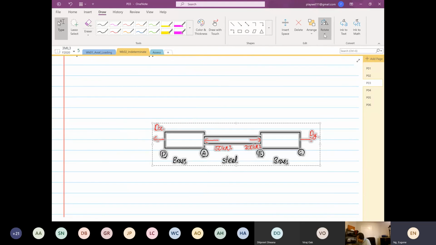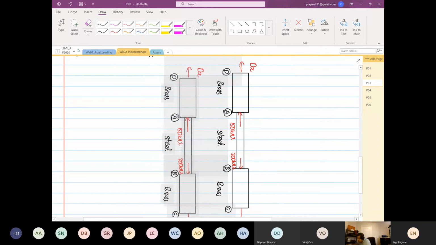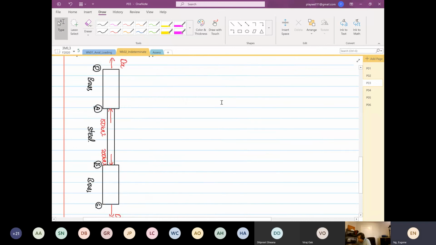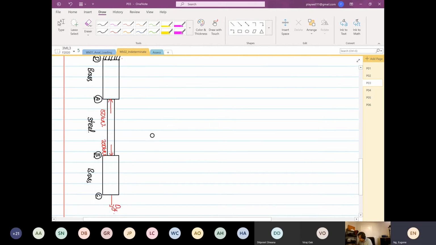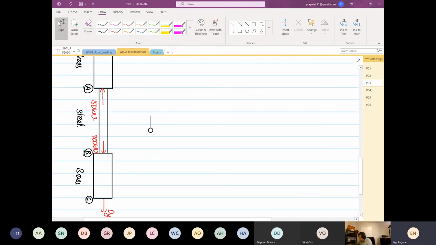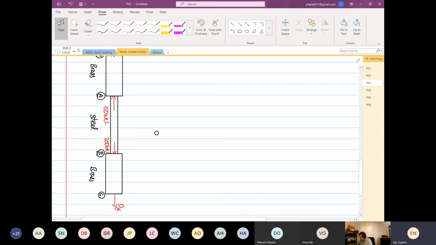And then I rotate right by 90 degrees. When I rotate by 90 degrees, you can see better, yes or no? Now the support is still there. The support is at D. And then at point C, you're allowed to stretch.